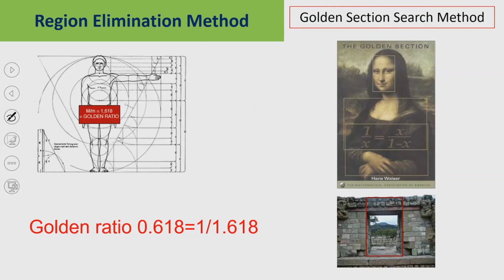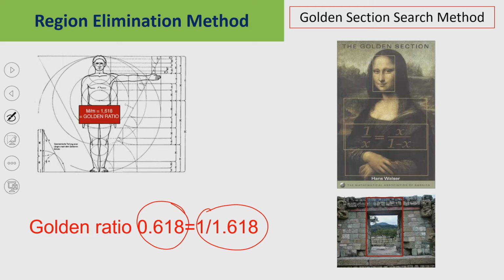Now, let us discuss another method, and this method is the golden section search method. There is a golden number, or we can say golden ratio, that is 0.618 or 1 by 1.618. If you look at nature, you can see that this ratio is somehow maintained.